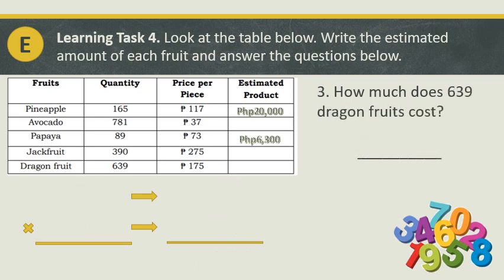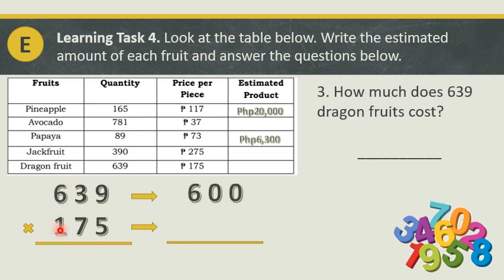Then, number 3. So, magkano naman daw yung 639 dragon fruits natin? Kung ito ay nagkakahalaga ng 175 kada isang piraso. So, 639 times 175. So, rounding off natin. So, 6, ang katabi niya is 3. Mababang number, so ito ay magiging 6 pa din.